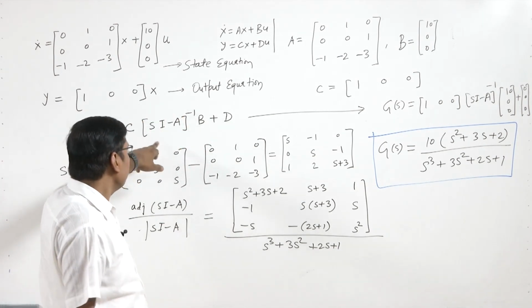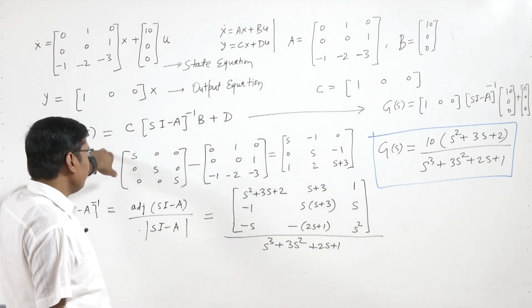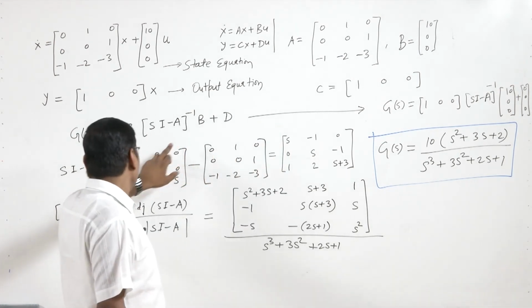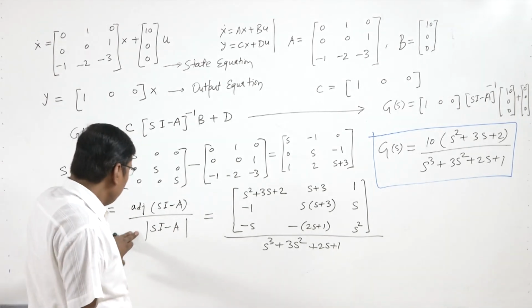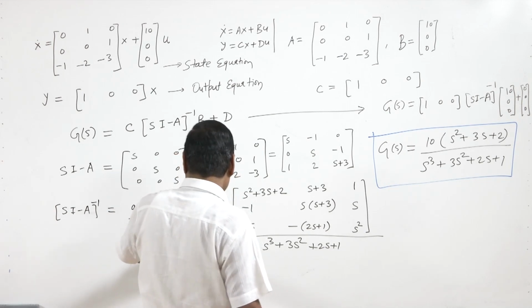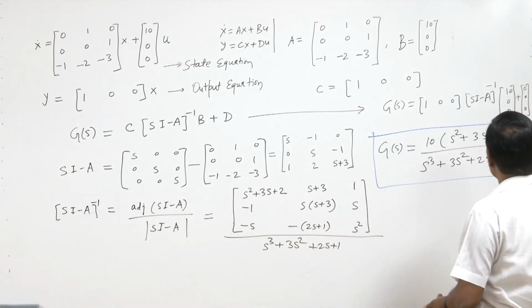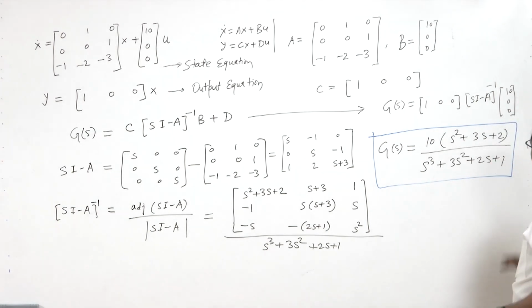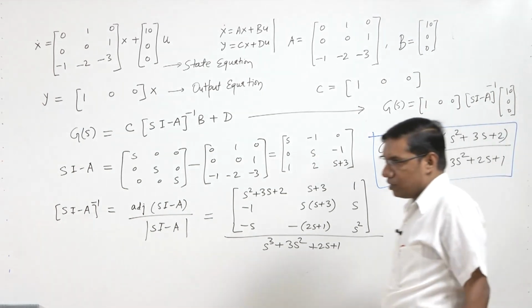First we identified the matrices A, B, C and D. Then we calculated sI minus A, then we calculated the inverse, adjoint of (sI minus A) by determinant of (sI minus A), and then we put in these matrices. So I think here it should be 0. So we will obtain this transfer function.